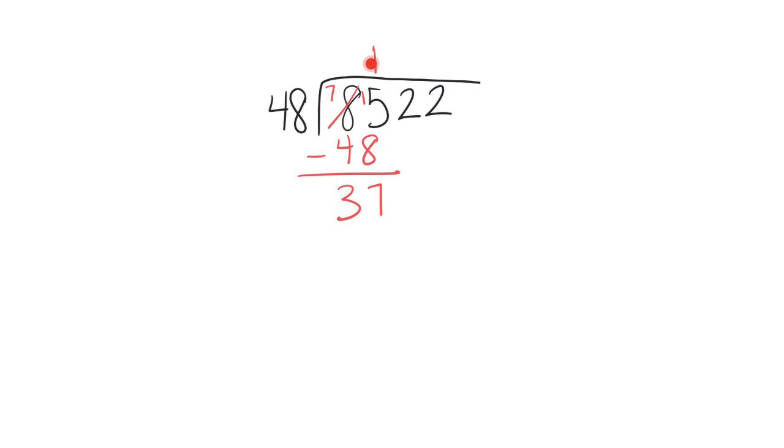And so what we have to do is erase and bump that up 1, and then take that value times this. So for instance, if this was 67 and it was bigger than the 48, then I would change this to a 2 and I would take 2 times the 48, write it here, and then subtract. All right, I got lucky here. It didn't happen. But 48 doesn't go into 37. That's why I'm bringing down the next number. You'll bring down one more number.